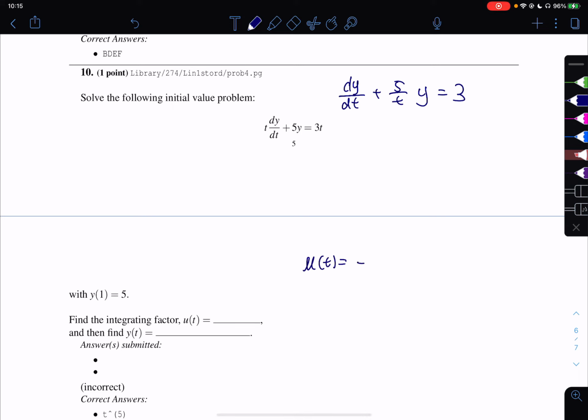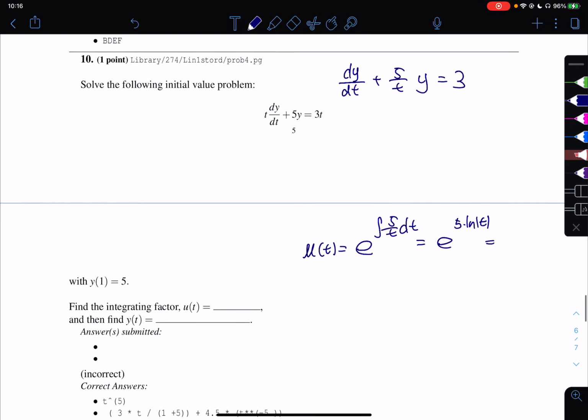So mu of t is e to the integral of 5 over t dt, which is e to the 5 times natural log of t. So after simplification, it is e to the ln of t to the power of 5, which is t to the power of 5. We only want one thing that works, so you can ignore absolute value for now. So it's t to the power of 5.